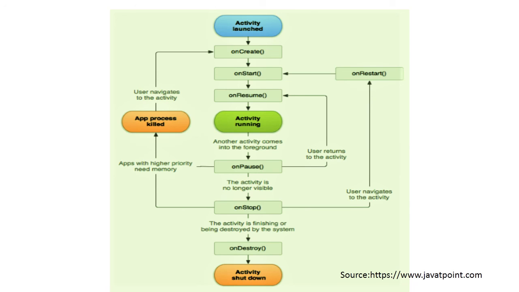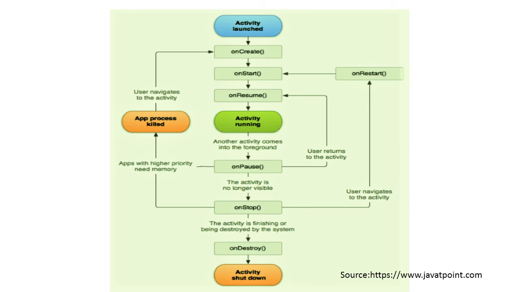It takes one parameter that is either null or some state information previously saved by the onSaveInstanceState method. After that onStart, this indicates the activity is about to be displayed to the user. Then onResume, this is called when your activity can start interacting with the user, and this is a good place to start animation and music.